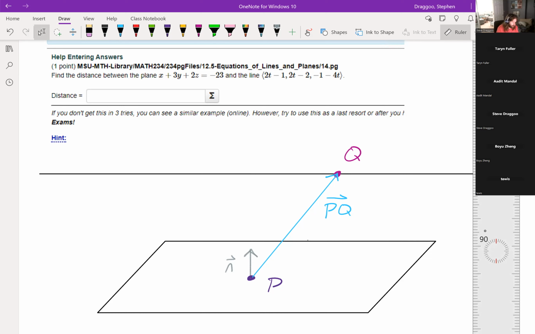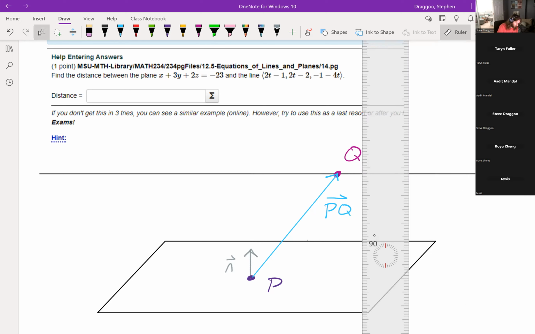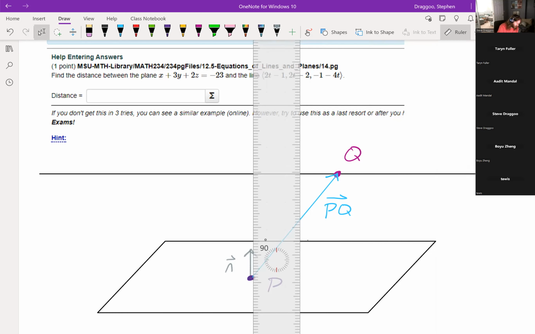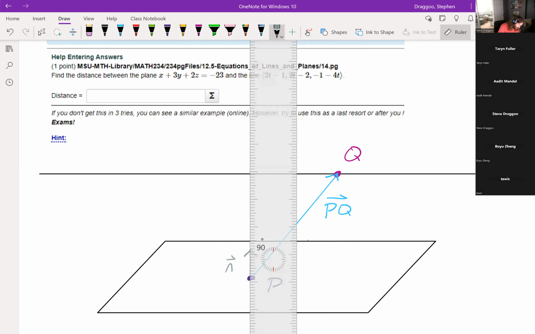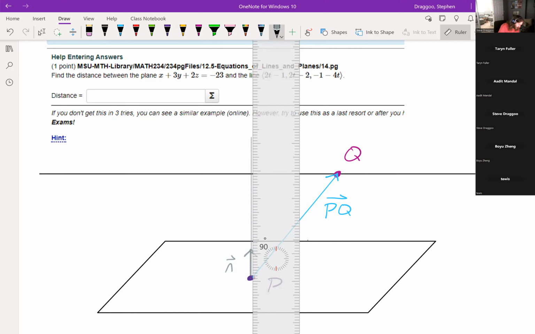But since I've got a normal vector on our plane, I should be able to use the shortest distance to connect those two together. So I'm going to look at extending this normal direction out of our plane P. I know that the shortest path will be along that direction.